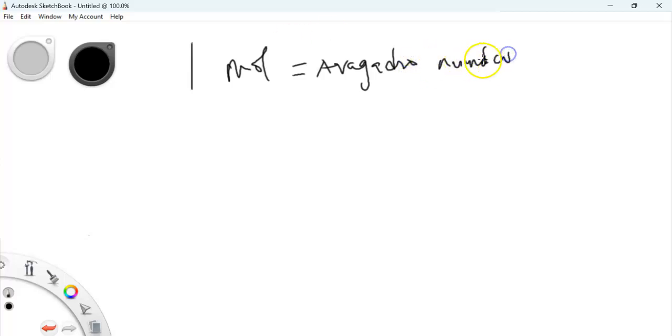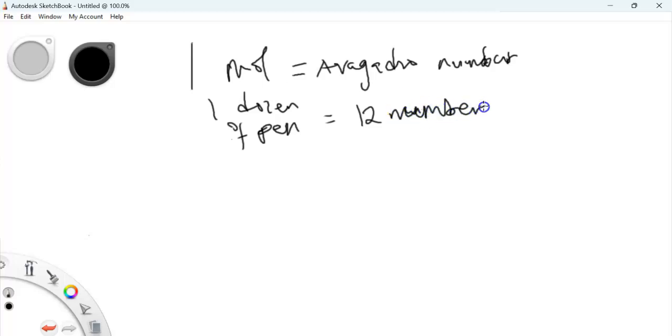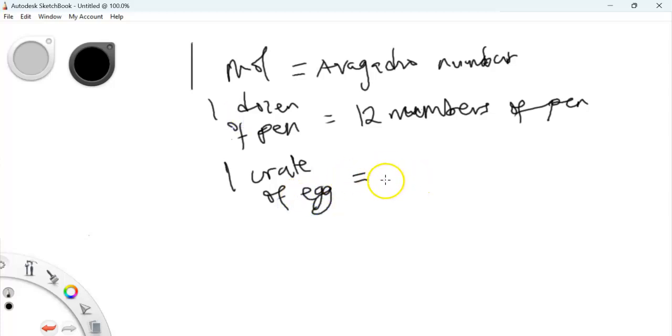Just as 1 dozen of pen, or 1 dozen of anything, is equivalent to what? 12 numbers of pen, right? One crate of egg is equivalent to what? To 30 pieces or 30 numbers of egg.